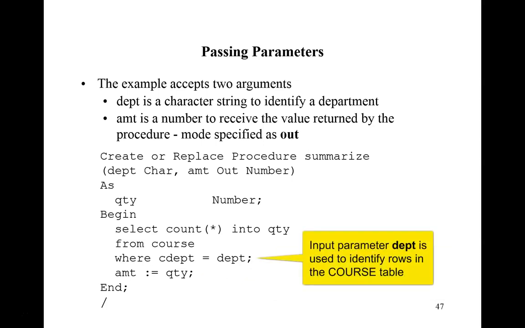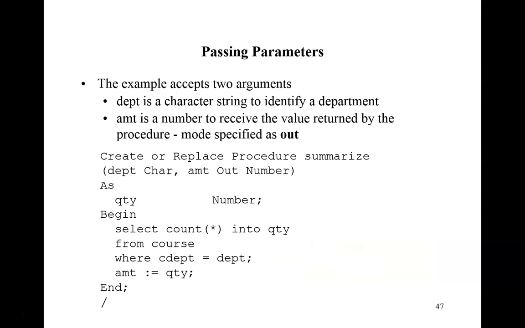Additionally, the input parameter, department, is used to complete the predicate in the where clause, indicating which department's rows we will be counting. So rather than counting all of the rows in the course table, we're going to count the rows for a particular department, the department specified by the input parameter.